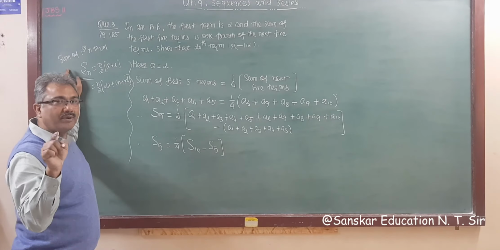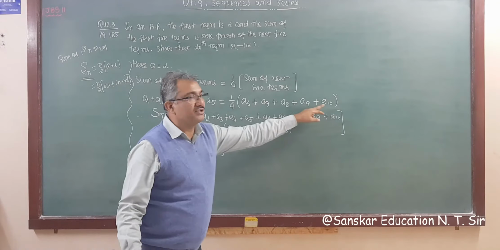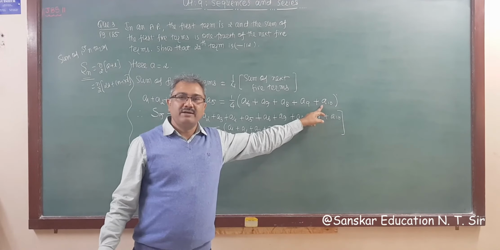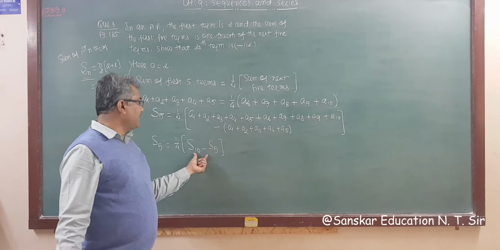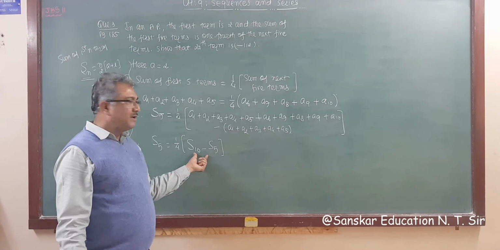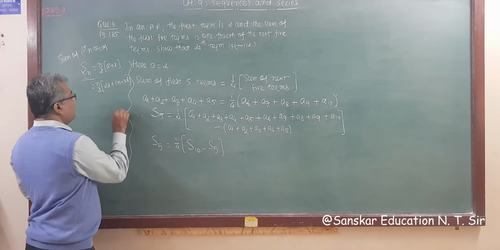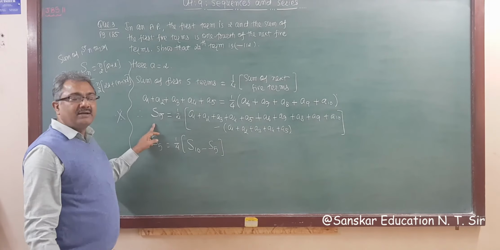That you have to remember. ऐसा नहीं चलेगा कि ये 5 है तो इसको S5 लिख दिया. That is S10 minus S5. Got it? आपको नहीं लिखना तो नहीं लिखोगे, चलेगा, स्टेप रिड्यूस करो, टाइम सेव होगा.